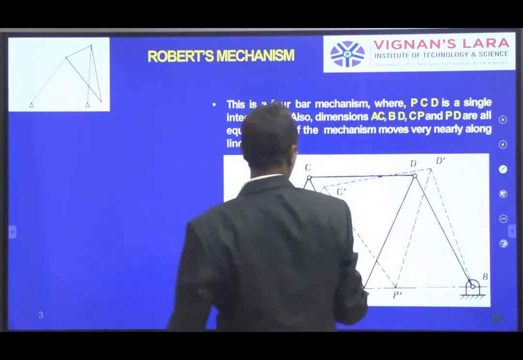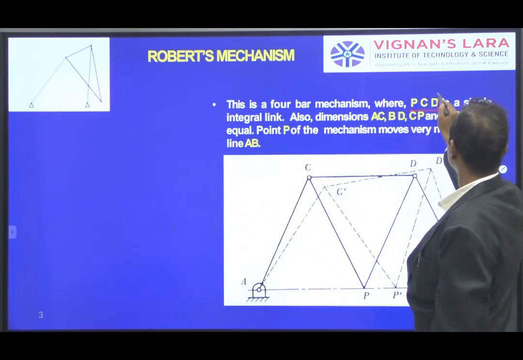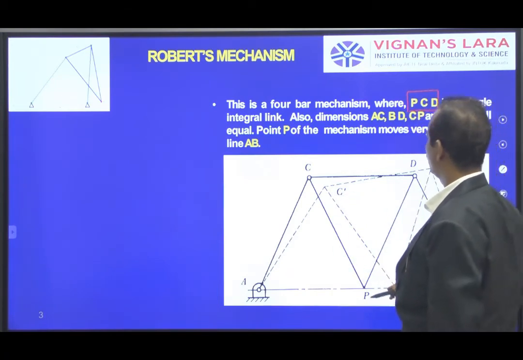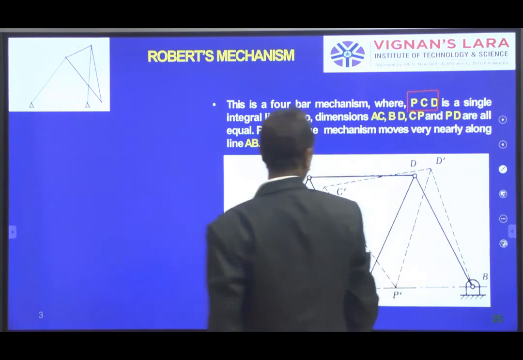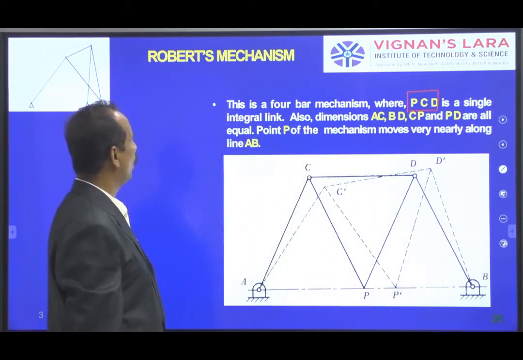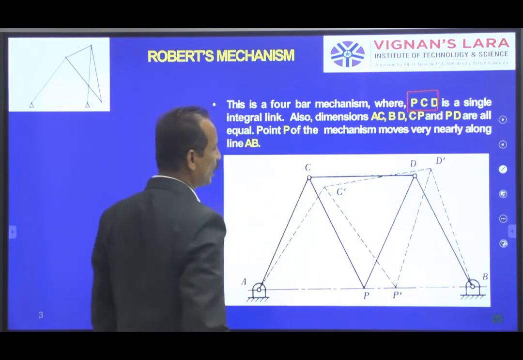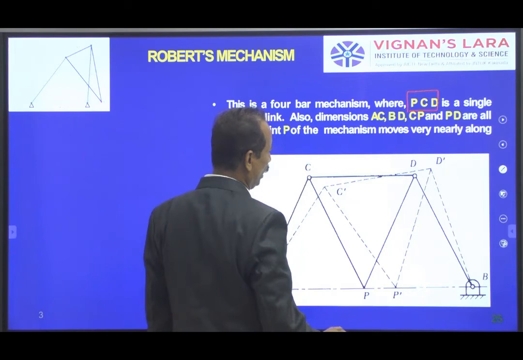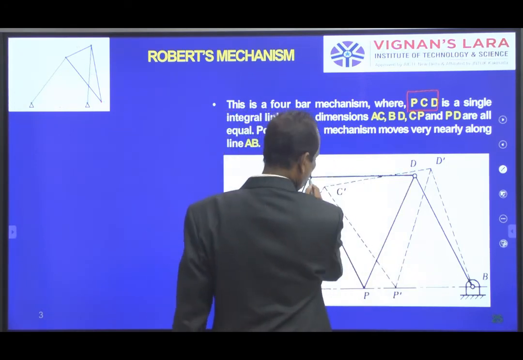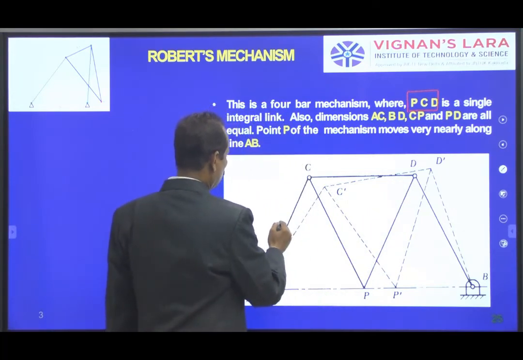So this is a 4-bar mechanism with PCD as a single link, and the dimensions of AC, BD, CP and PD are all equal.